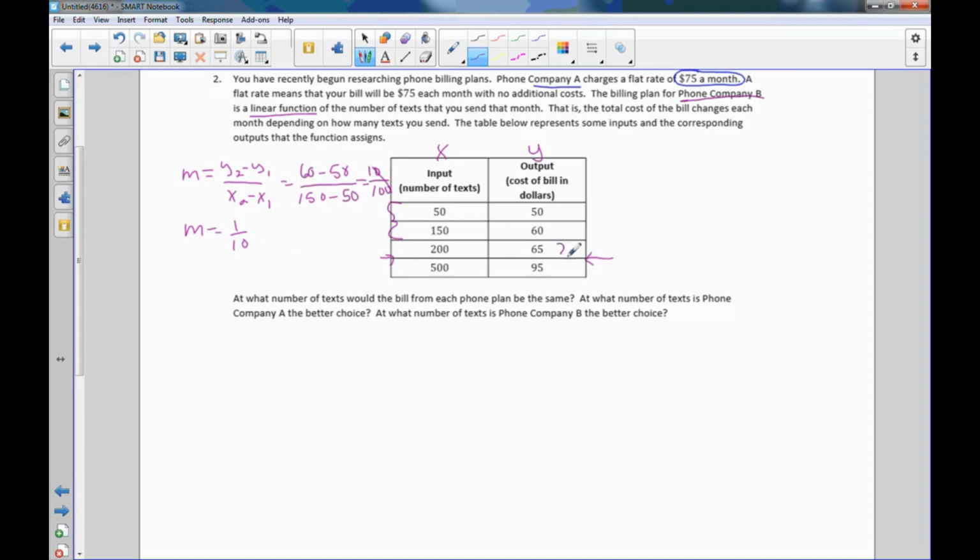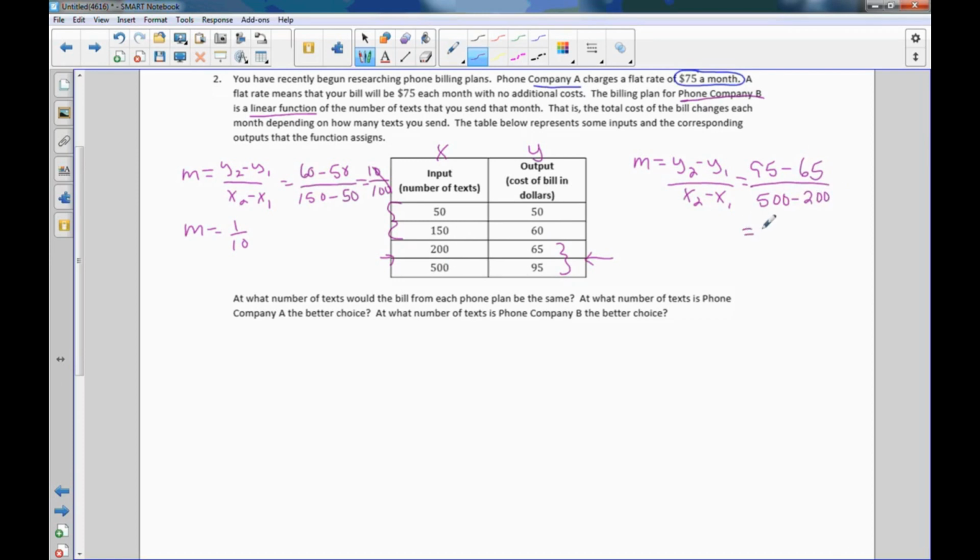Now I'm going to check between these last two. So slope is y2 minus y1 over x2 minus x1. My y2 is 95, my y1 is 65, divided by my x2, which is 500, minus my x1, which is 200.